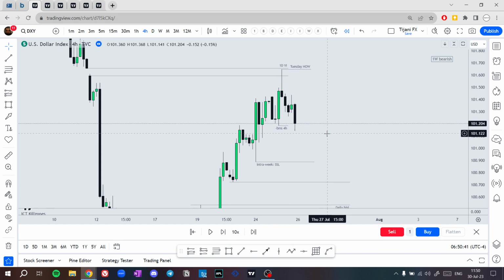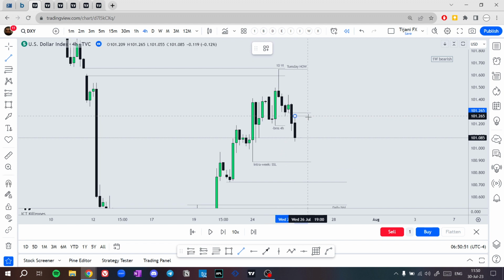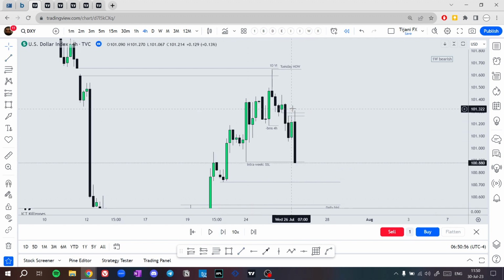So we had this break of market structure. I've been expecting some kind of retracement, something like this. We have this fair value gap right now. The price has failed to the order block, the low of the order block.